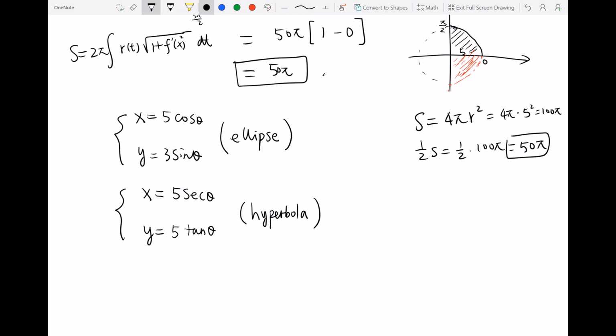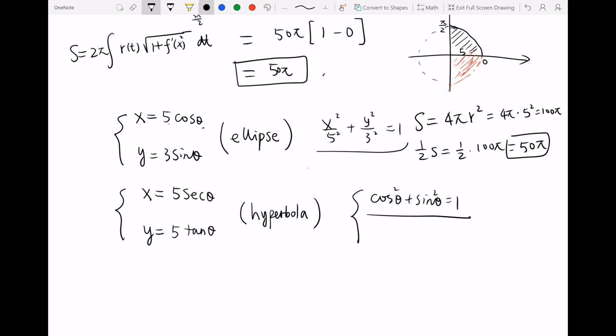So this kind of equation we did several times in the previous section. What you need to do is switch x over 5, you get a cosine, and you use the trigonometric identity cosine theta squared plus sine theta squared equals 1. So here, x over 5 squared plus y squared over 3 squared equals 1. This is the ellipse.